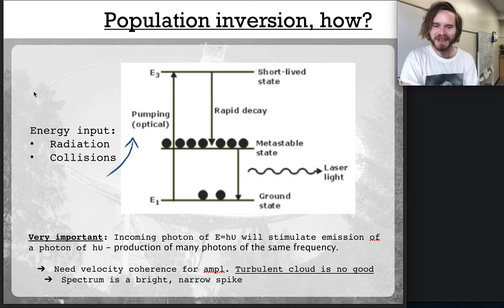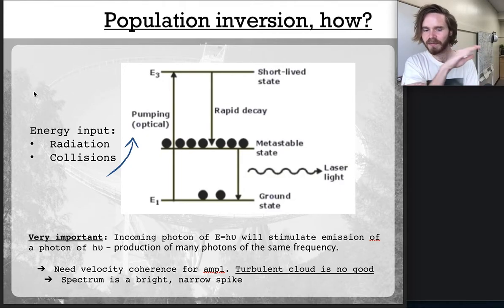Anyway, okay. So you have this source of energy pushing molecules up to the top, and then from this level 3, so you can see the energy levels are numbered 1 and 3. I don't know where 2 is, but whatever. So you push things up from level 1 to level 3 with some energy input, and then if that Einstein coefficient between level 3 and level 2 has a fast decay, then you're going to very quickly pile up a load of molecules in the level 2 position.